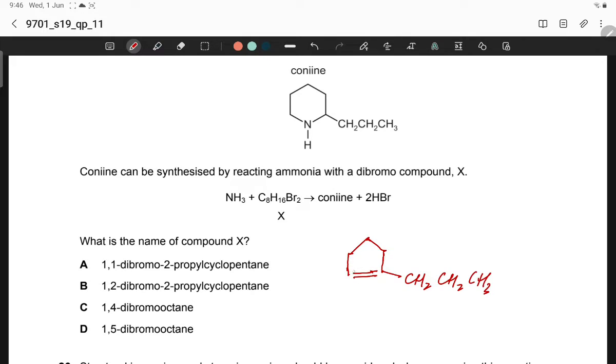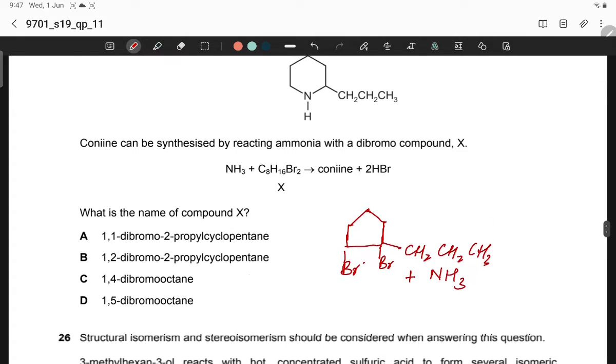So when reacting with NH3, it is like this.